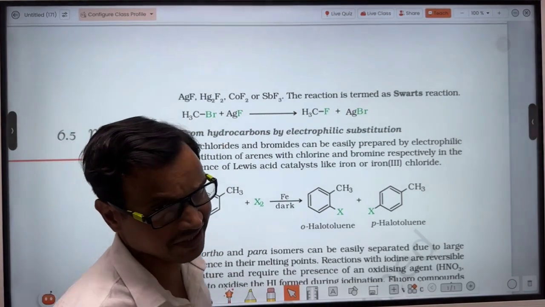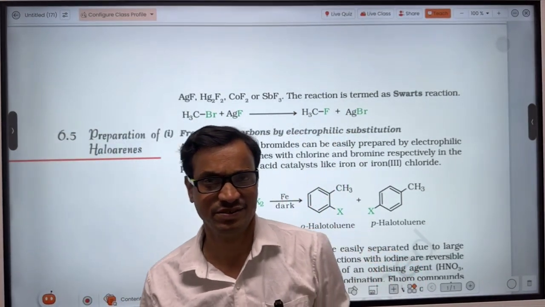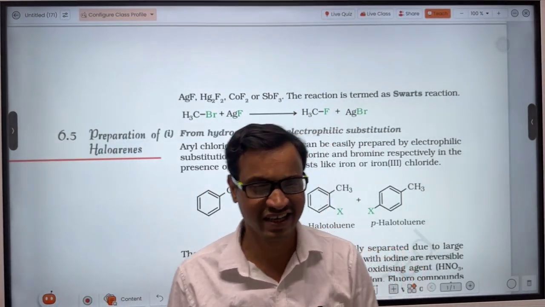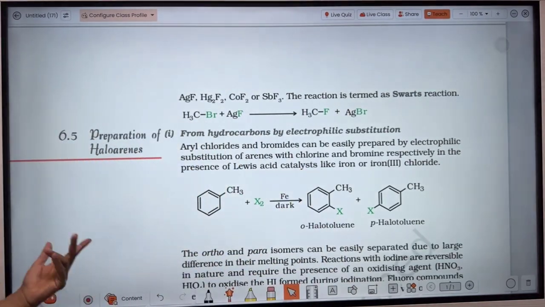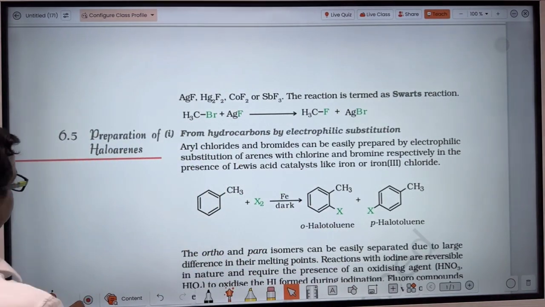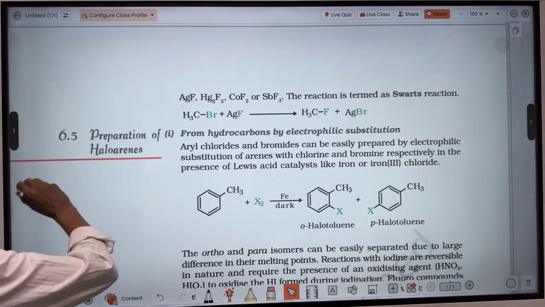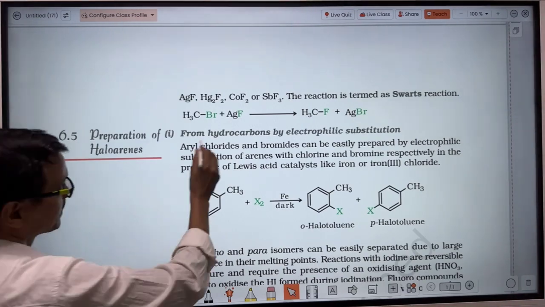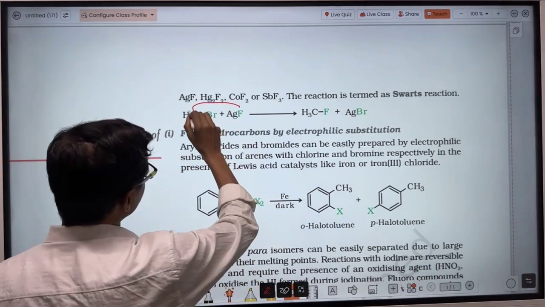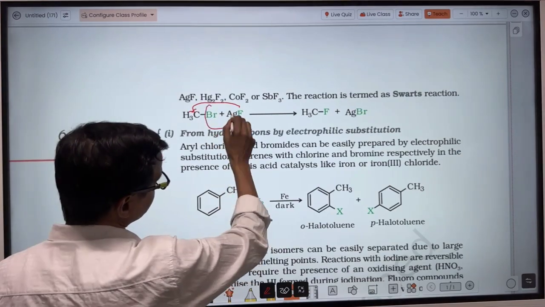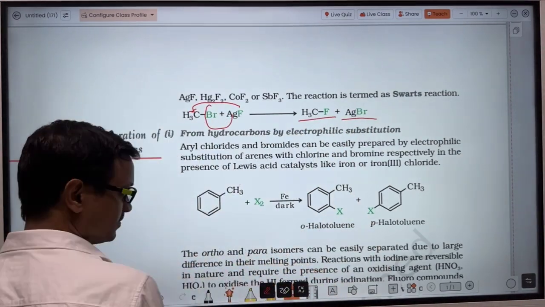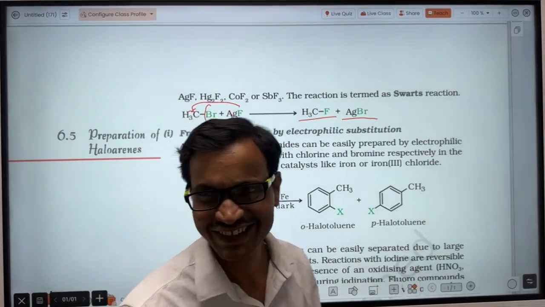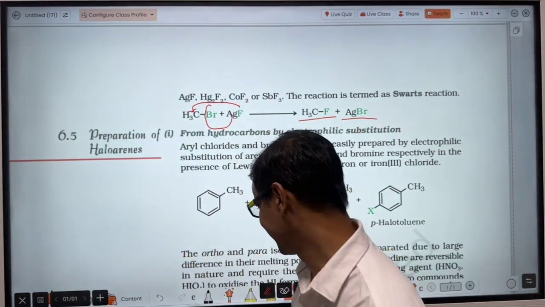For the Swarts reaction, we will have to take fluoride of less active metals like silver, mercury, cobalt, and so on. So here the fluoride of a less active metal has been taken. So fluorine will replace this bromine, and bromine will combine with this silver. So AgBr will form along with this product. Okay, very easy here.